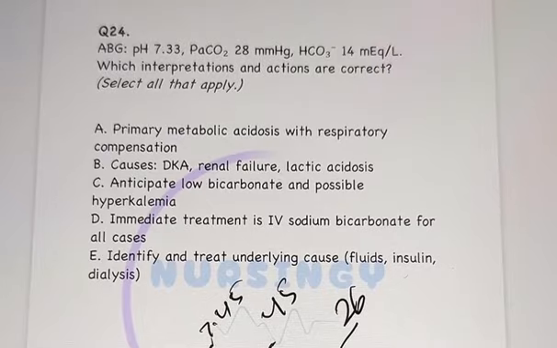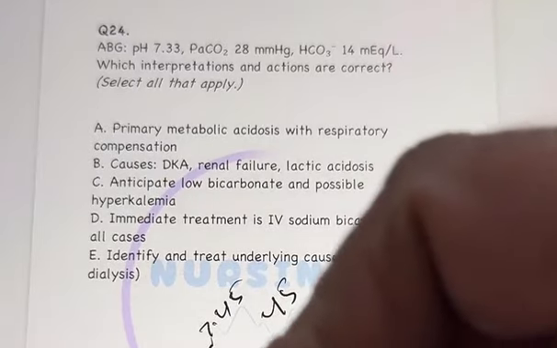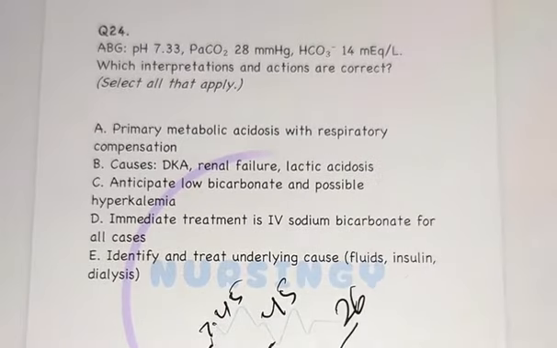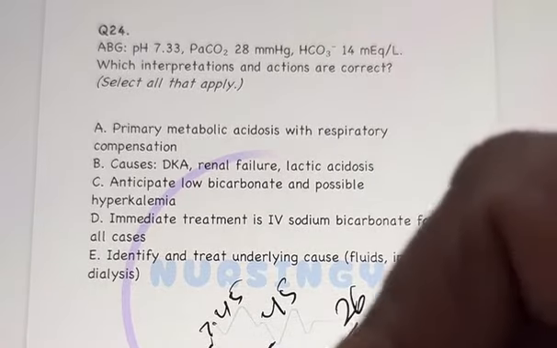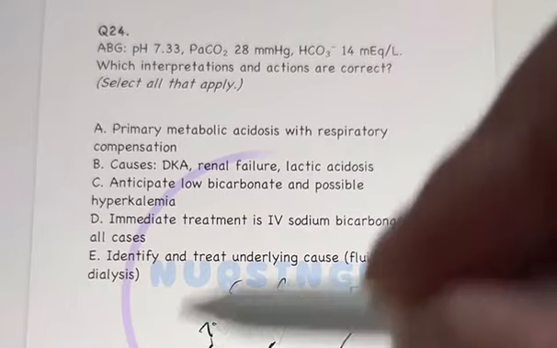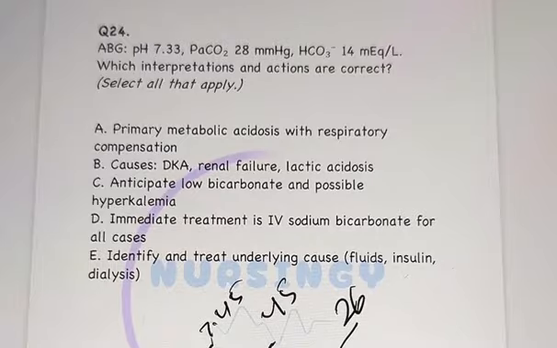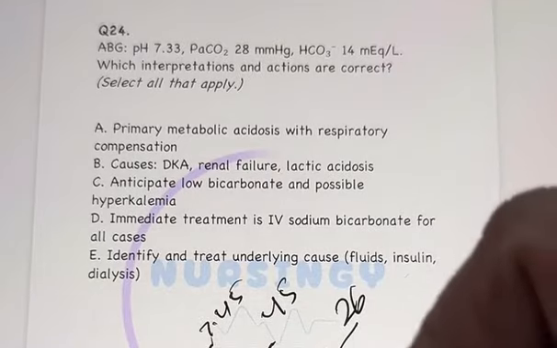Let's do pH. pH is 7.33, so that is on this side. Then we have PaCO2 28, that is on this side also. And then the metabolic component HCO3 is 14 instead of 22.